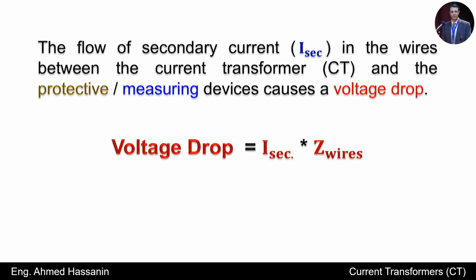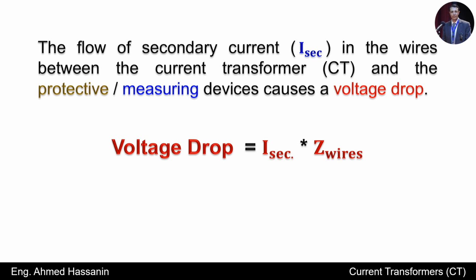In the indoor or outdoor substations, the current transformer is often not located in the same place as the measuring devices or protective devices, and therefore there is a distance between the current transformer and the measuring or protective devices. This distance is the connection wires or the secondary circuit wires of the current transformer.